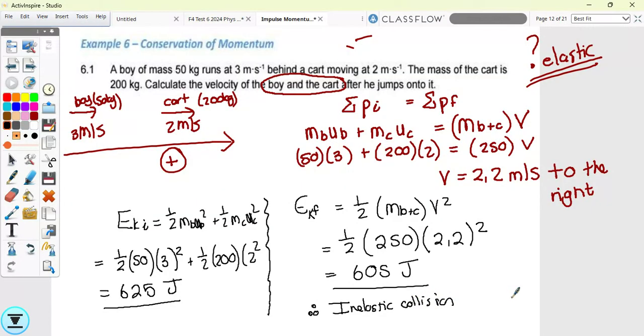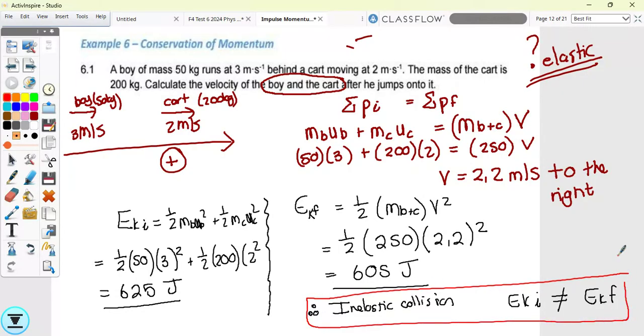And say why you're saying this, because EK initial is not equal to EK final. Because this last conclusion part, a lot of people leave this out. And that's actually what the question asked for. So make sure that you write that. The EK initial is not equal to EK final, and therefore it is not an elastic collision.